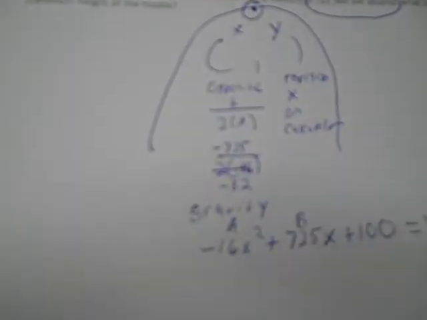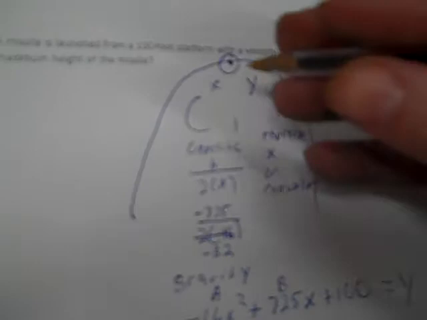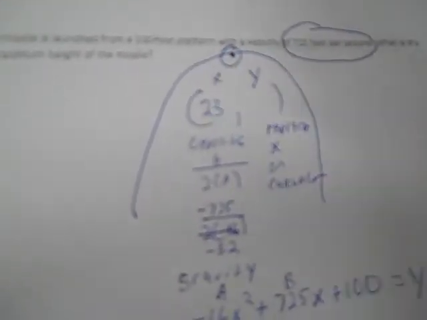So negative 16. So we need to multiply those, find that product there, and that's negative 32. Now I divide negative 725 by negative 32. I got 22.6. I would suggest you round that to 23.